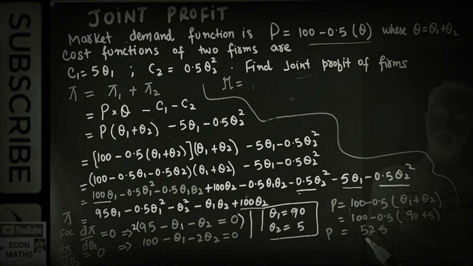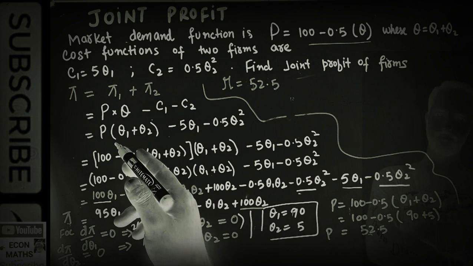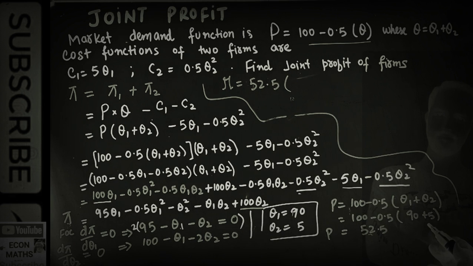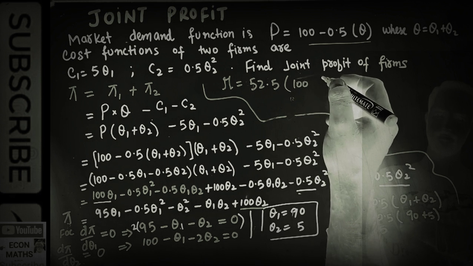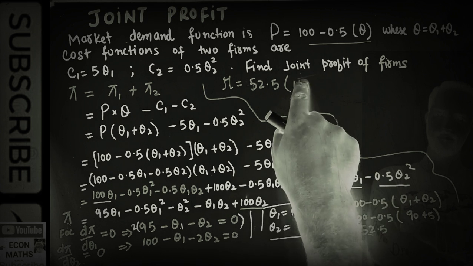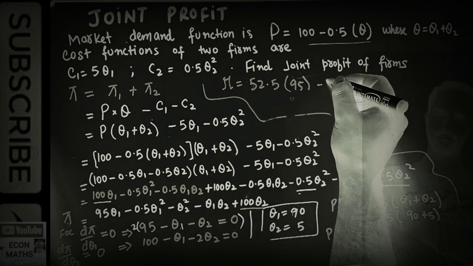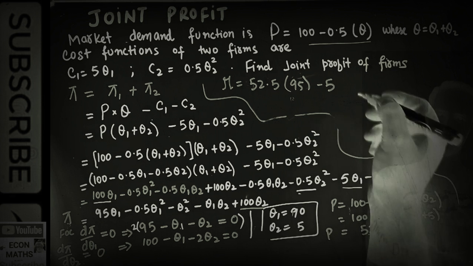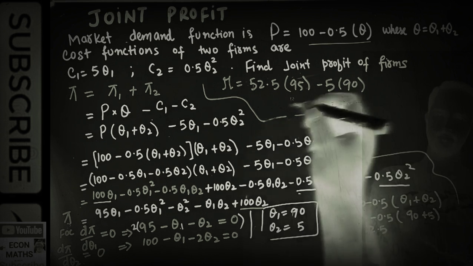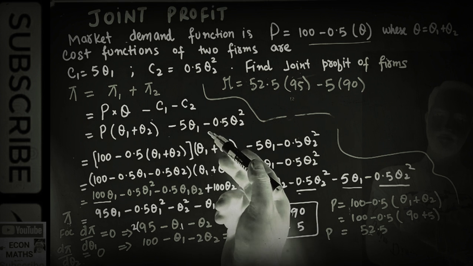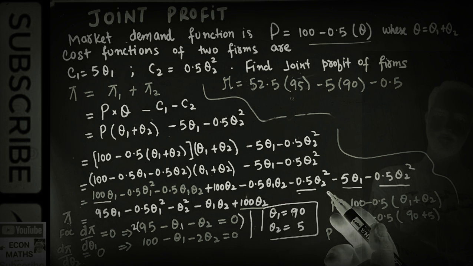So p is equal to 52.5, and q1 plus q2 is 90 plus 5, which is 95, minus 5 q1, where q1 we got as 90, minus 5 q1 minus 0.5 q2 square.